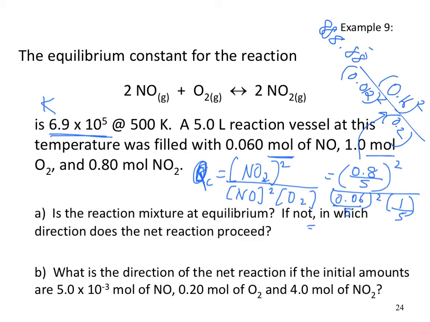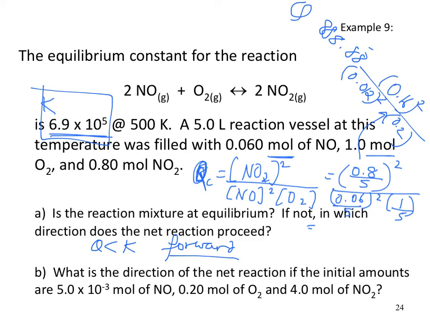So this is my reaction quotient, Q. And now I'm going to compare that to the value of K at the same temperature. And since the value of K is much larger for this one, we can say that Q is smaller than K. That basically means that it's not equal to K, which means it's not at equilibrium, and we say that it's the forward reaction that is proceeding right now.